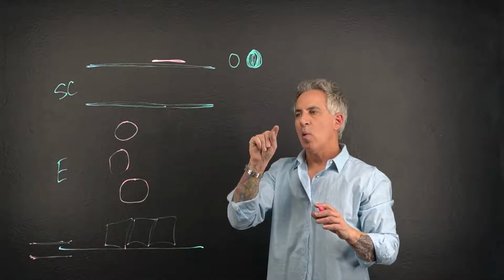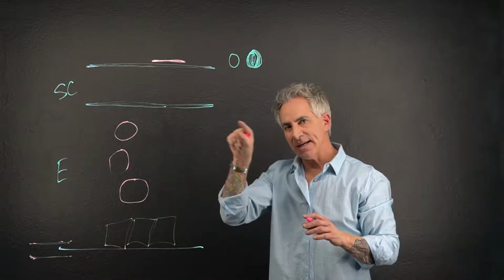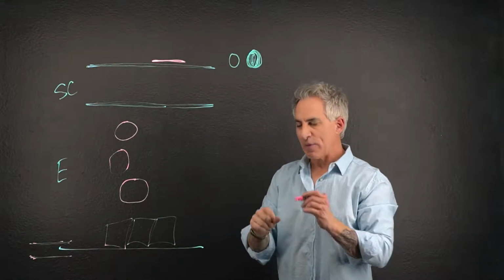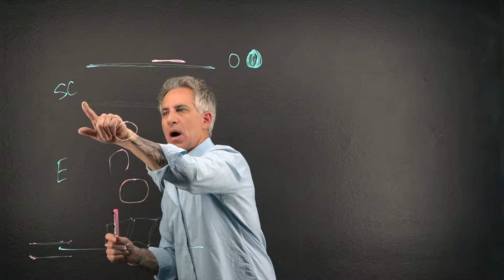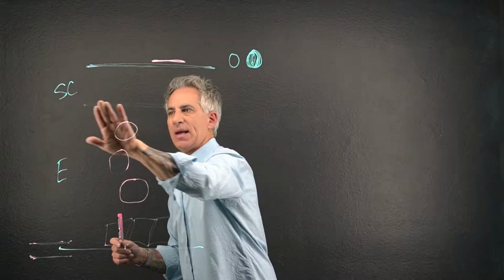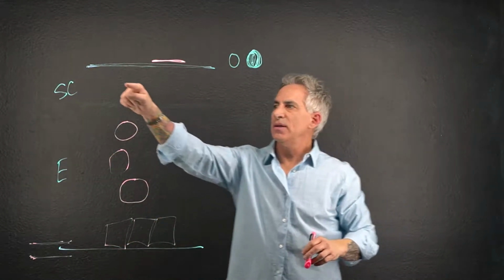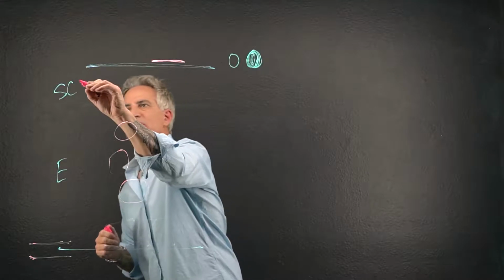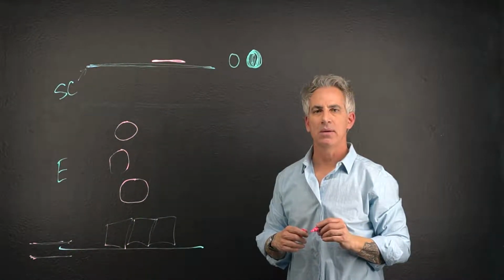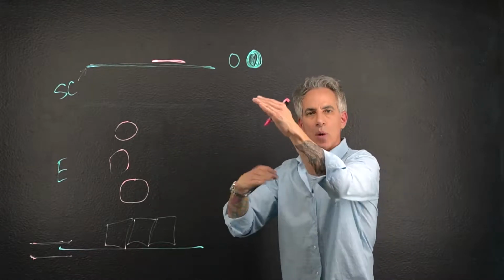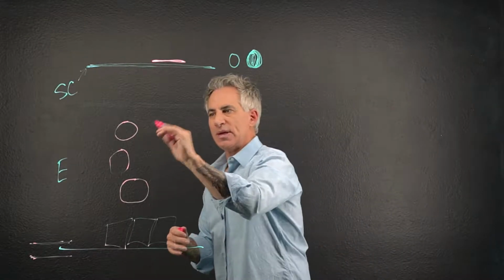Okay. One thing I do want to do, because I can see it happening already, is for this tutorial, I want to erase this line, and I want this line here to represent the actual thickness of the stratum corneum, okay? Because I need more room to demonstrate this.